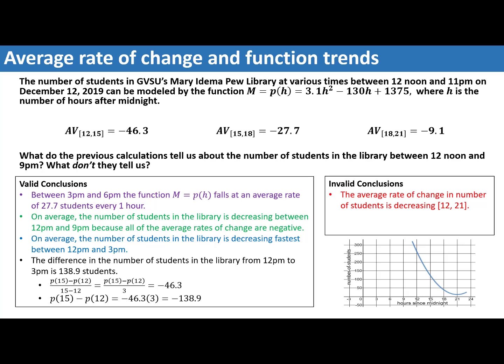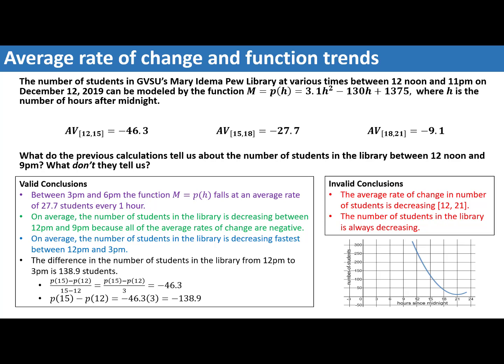And then one more common invalid conclusion would be something just a little too general. The number of students in the library is always decreasing. We don't have any time interval there. So that statement ends up being false, because if you look at 21 hours and beyond on the graph, you actually see that the average rate of change would be positive.